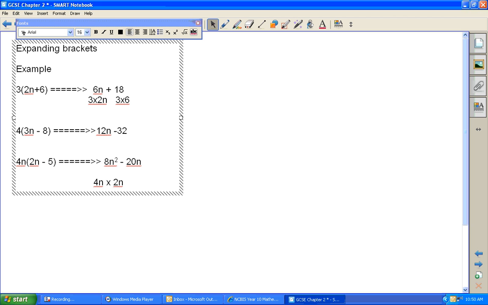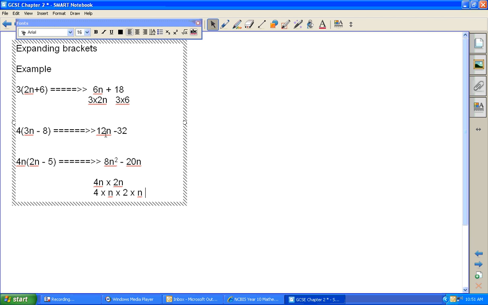You must remember that in the first instance what we're asked to do is multiply 4n and 2n. Because it's all multiplying, 4n means 4 times n, and 2n means 2 times n. So I can rearrange that like this: 4 times 2 times n times n, which is then going to give me 8n squared.